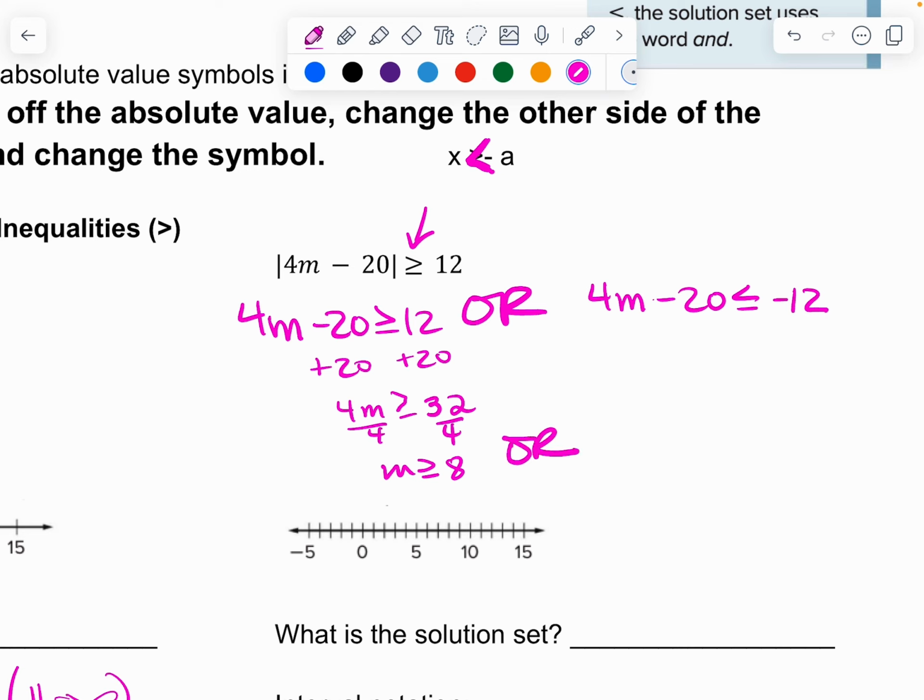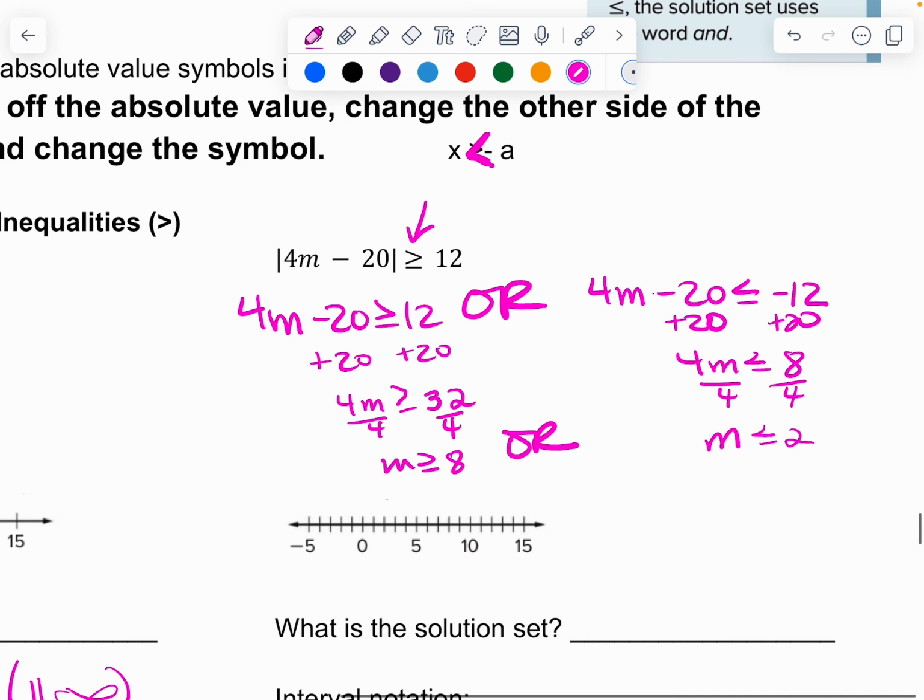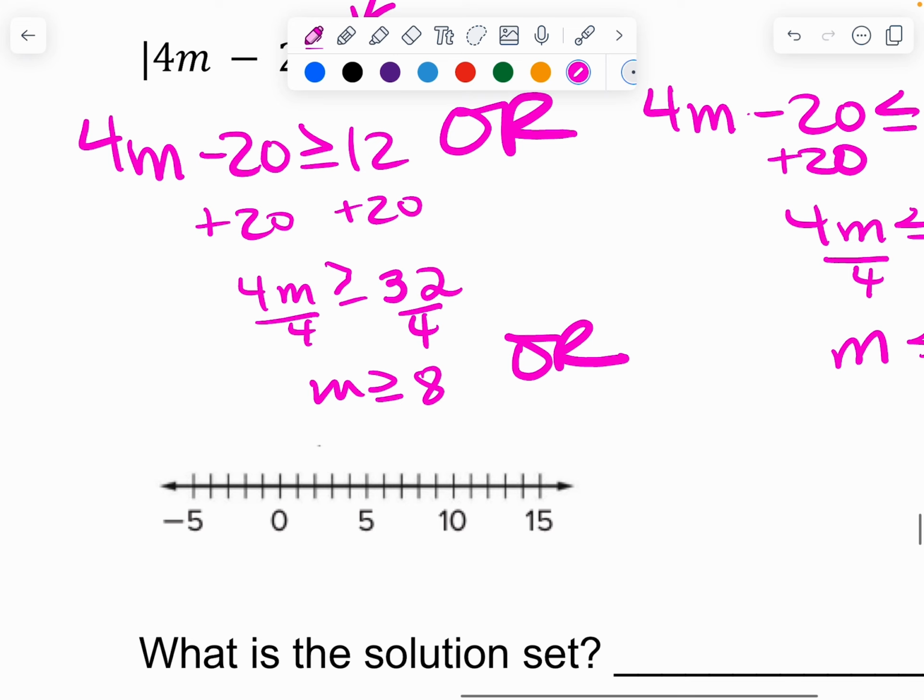Or I add 20 to both sides. I get 4m is less than or equal to 8. Divide by 4 on both sides and get m is less than or equal to 2. So 2 and 8.